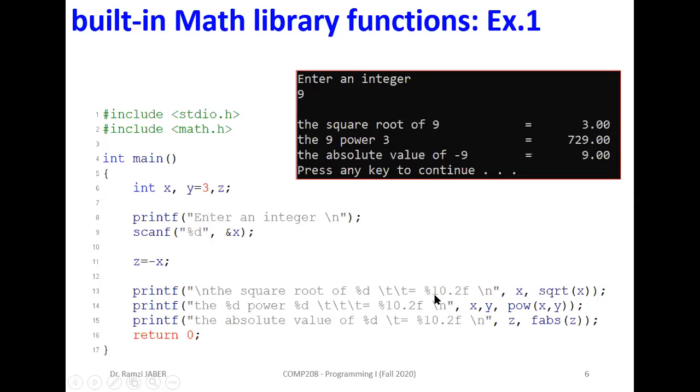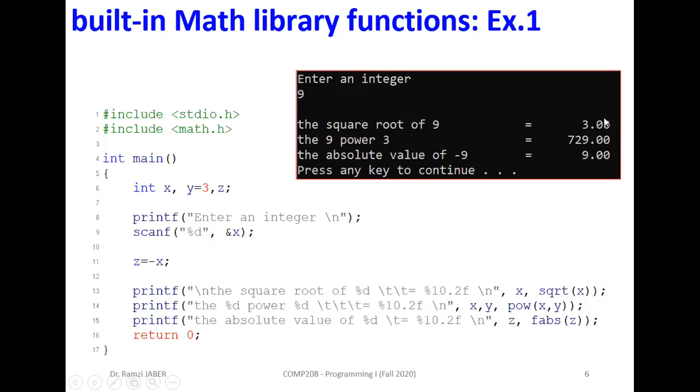Now 10.2 means 10, this 10 means displacement. So make 10 spaces after equal here, equal %10.2. So after equal, we have 10 spaces, then write the output of square root from right to left.